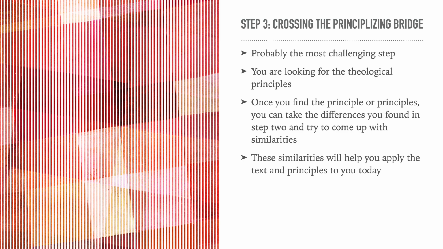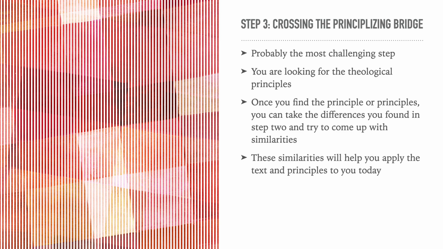So in order to do so, take what you have gathered in steps 1 and 2 and try to find the theological principles that are in that text you're reading. Try to find just 1 or 2, and once you have those principles and you have what is written in the passage, try to find what the similarities are. You've already tried to find the differences.